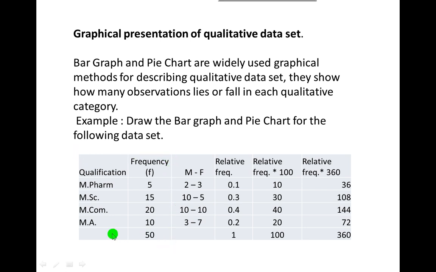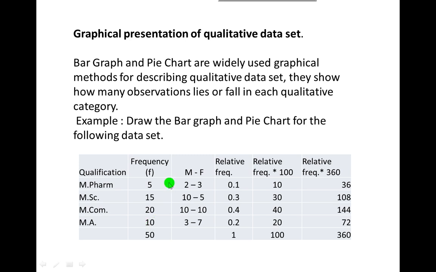The first column and second column are the given data. The number of observations lying in a particular class is called frequency or class frequency. We have done this in last videos. So this 5 is the frequency, 15 frequency, 20 frequency, 10 frequency.